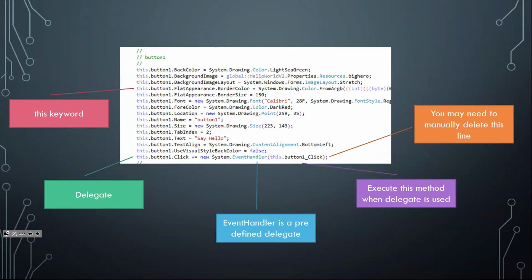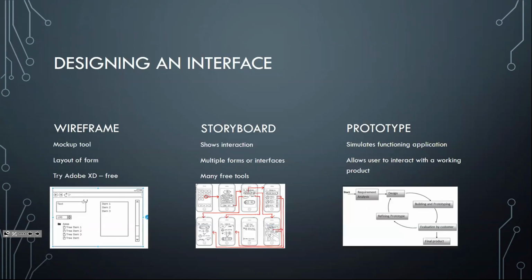The delegate here says that when button 1 is clicked, we want to add an event handler for this button 1_click. So that way we've associated this event handler, button1_Click, with the click event of button 1. Again, what we need to remember more than anything is that that's the line of code to delete if we've deleted that control off the form, and it's very upset with us.